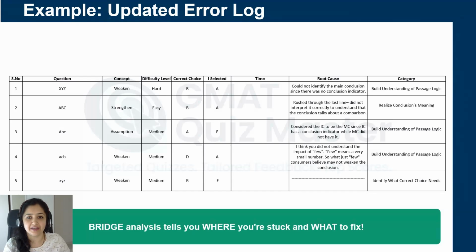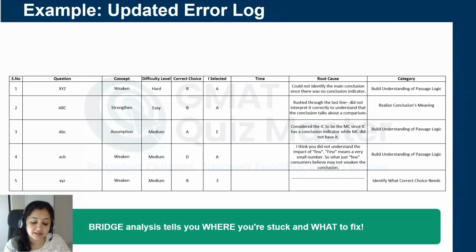Once you update your error log for 10 to 15 incorrect questions, you will see patterns in your mistakes. For example, in this particular table, the student is consistently faltering while understanding the passage logic. More specifically, while identifying the conclusion. So they can go back. This is a conceptual gap. So they can go back to this concept of how to identify the conclusion, and that will be the corrective action that will help them improve further.